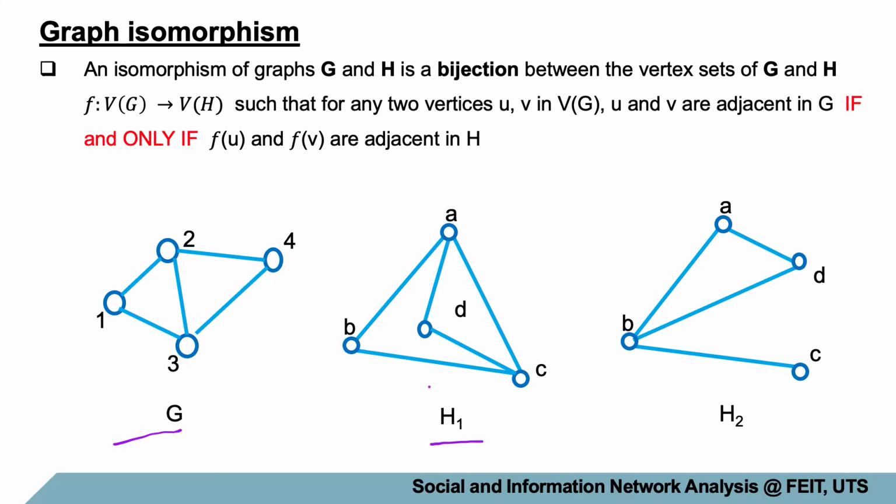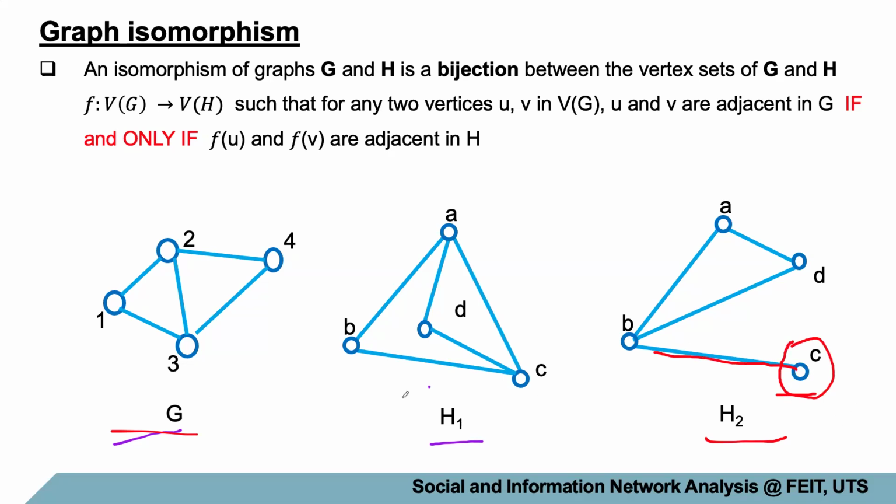But what about G and H2? Are they isomorphic? You can have a think. No, it's not. I think it's quite obvious because if you may already notice this node C here, it has degree 1, so it has only one edge.